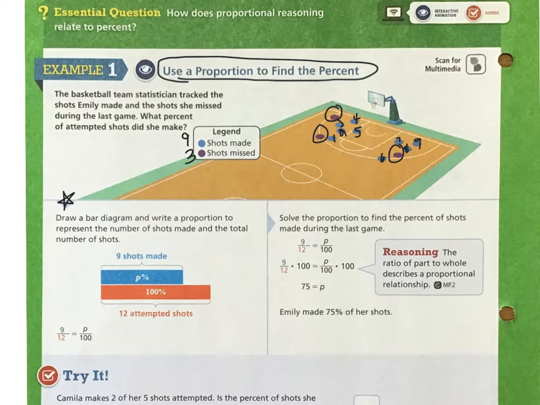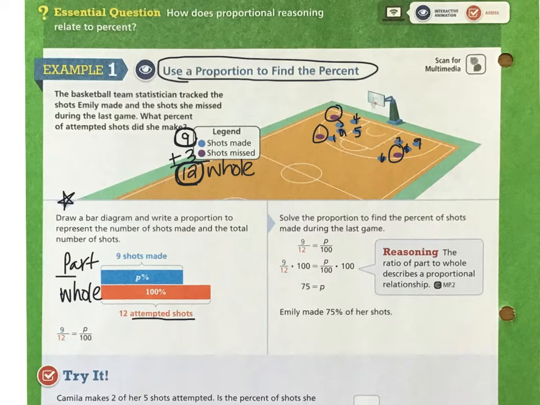But remember, in a proportion, it's a part to whole ratio, meaning this time the part is the 9, but the number of shots that she took altogether is the 1 whole. So as we set up the proportion from the bar diagram, the 9 represents the part, but 1 whole is all of the attempted shots that she took, and that is 12.